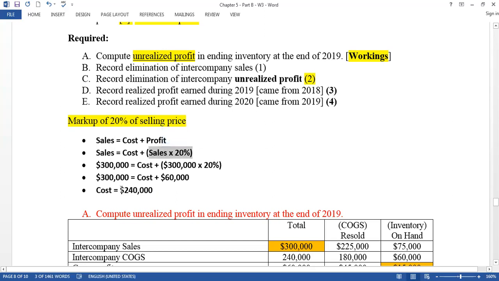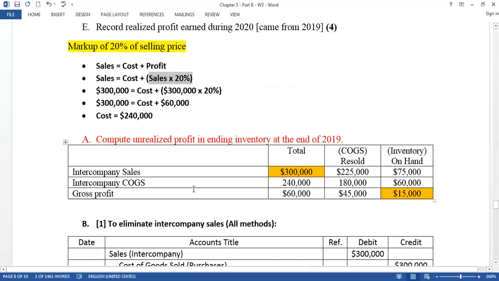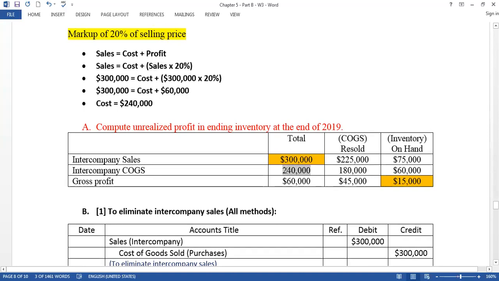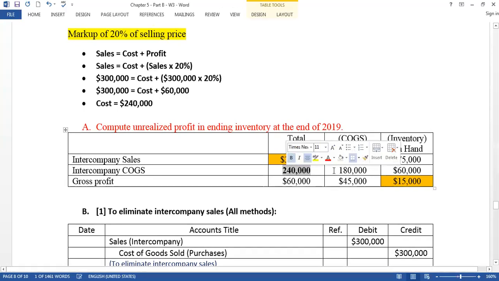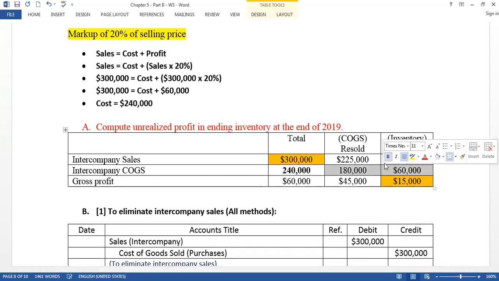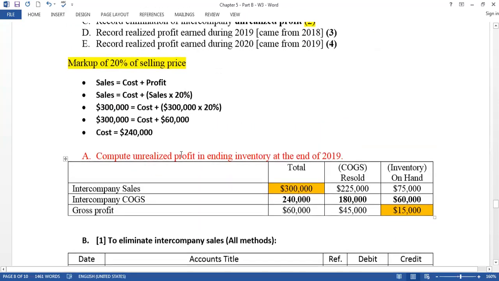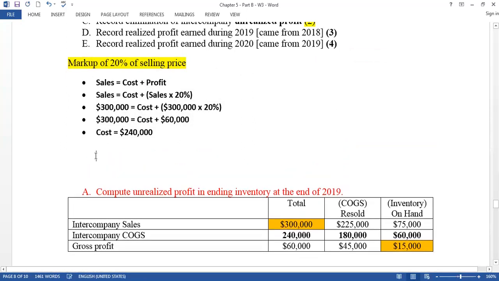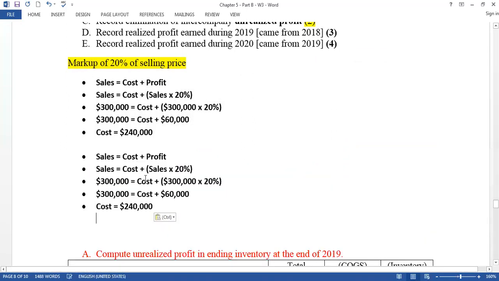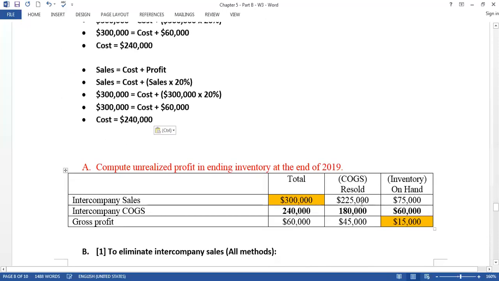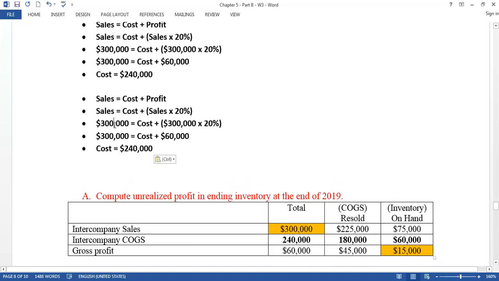I show you only one calculation, but for these two it is the same formula. This is the first one. For the second one, just change here, 2 to 5.